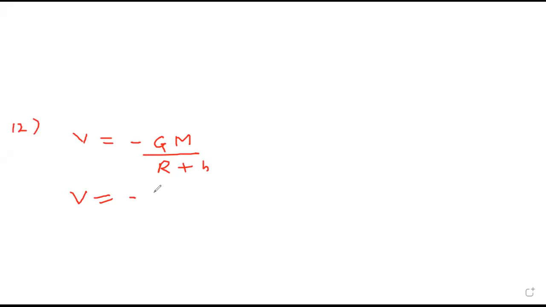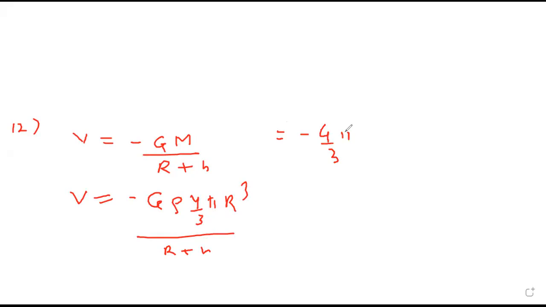In terms of density, mass will become rho into 4 by 3 pi R cube upon R plus h. So minus 4 by 3 pi G rho R cube upon R plus h.